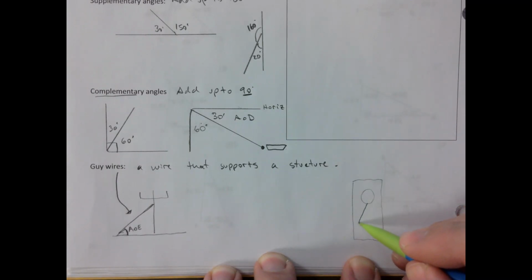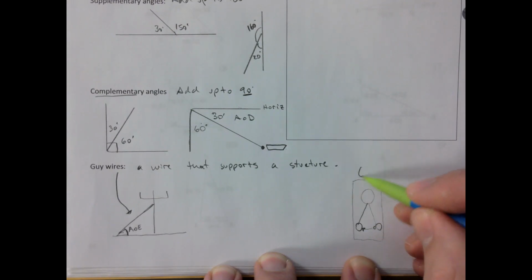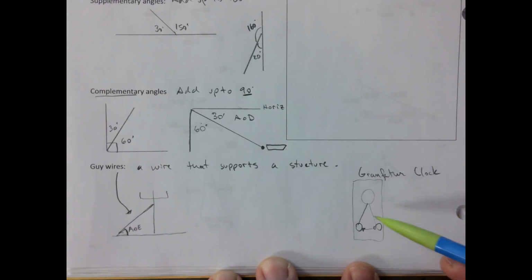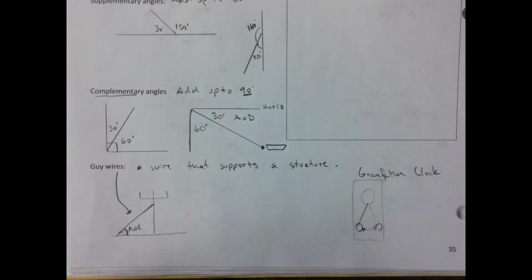It has a pendulum that swings back and forth. So this is a grandfather clock. If that comes up, you can see where the triangle is going to show up. What kind of triangle would I have? Isosceles, there you go, you're smart.